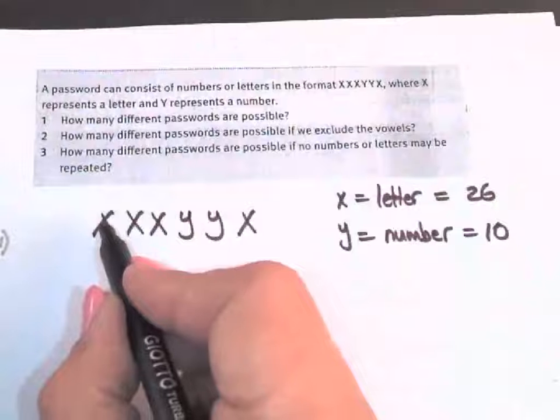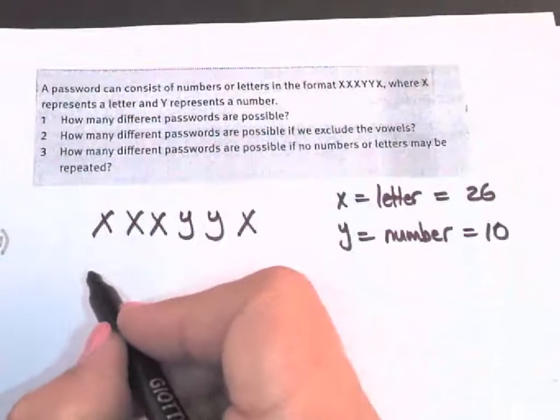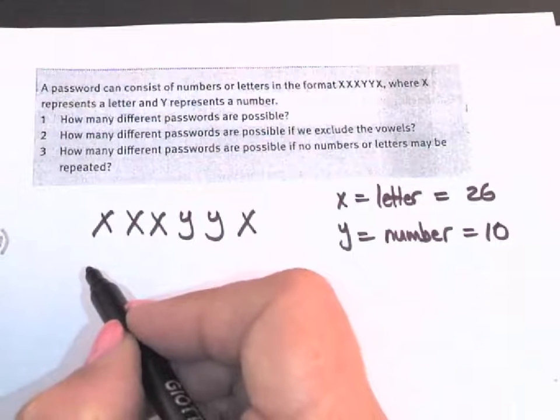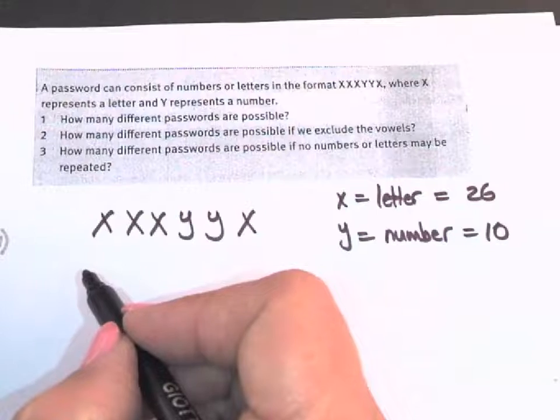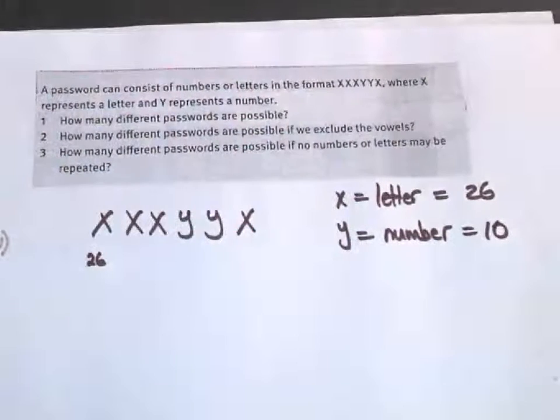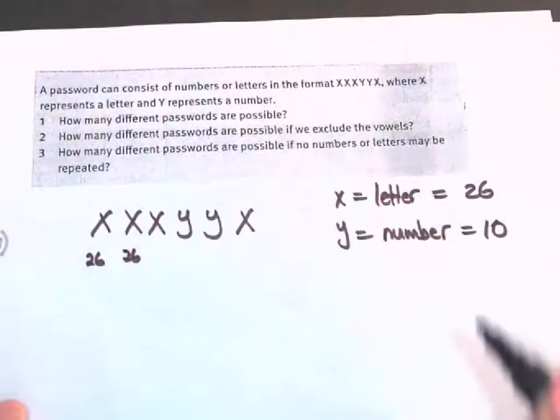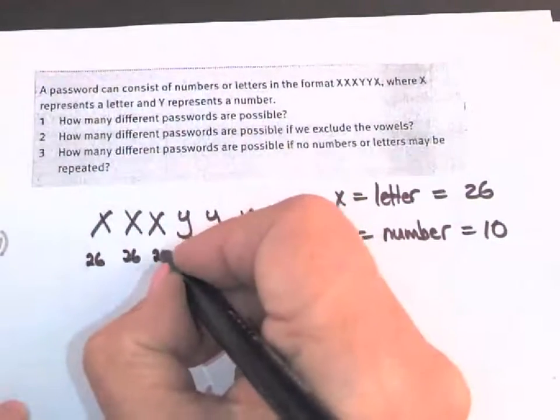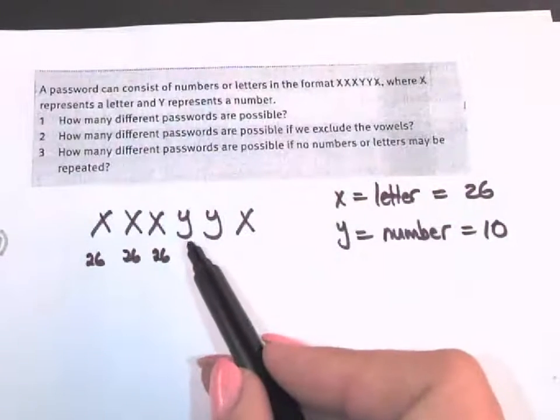How many letters can I put in the first place? 26. And in the second place, if I can reuse the same things, 26. And number 3, 26. Okay, now we get to numbers.